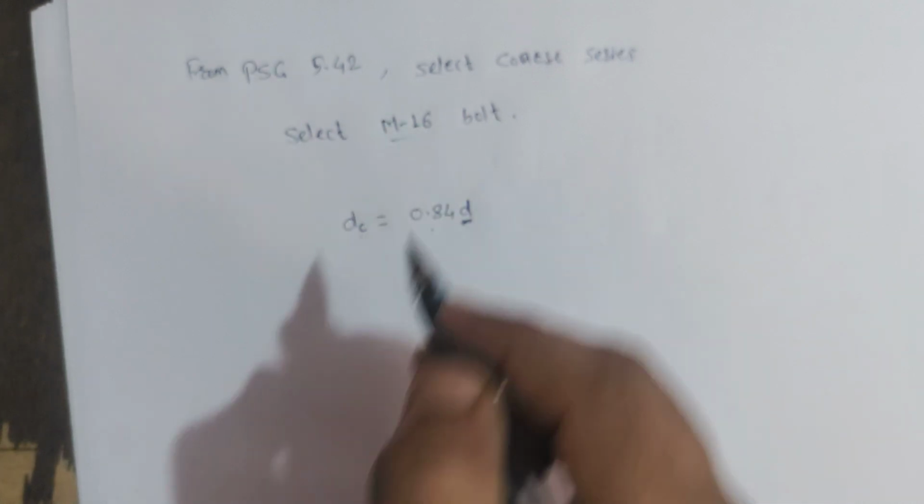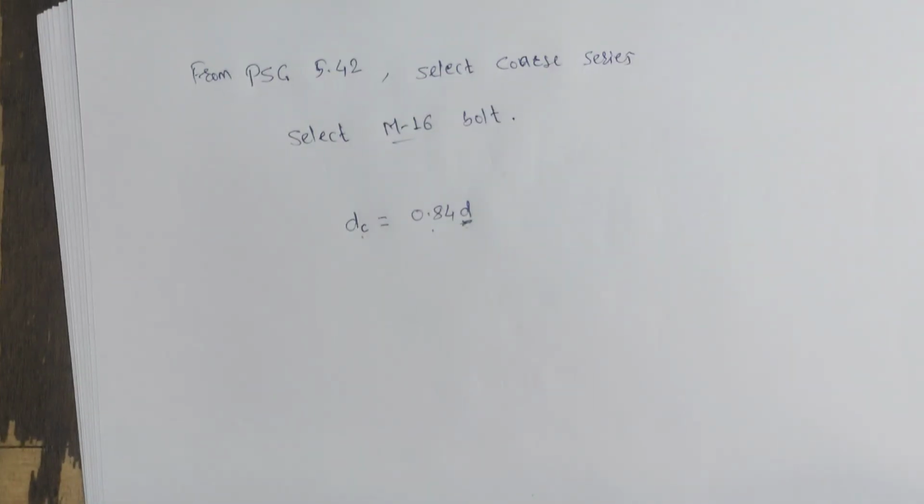So M16 is also a nominal diameter. So this is all about case 1 of the bolt. In the next video we'll see case 2 and case 3.